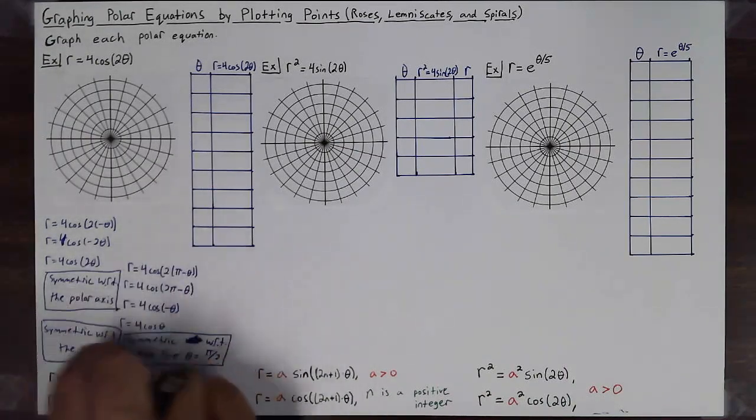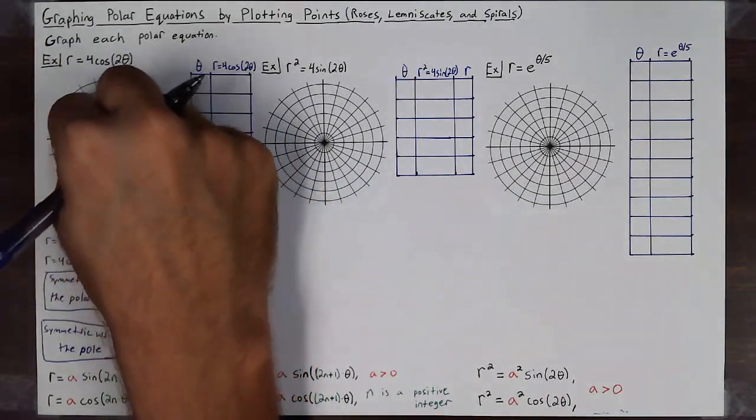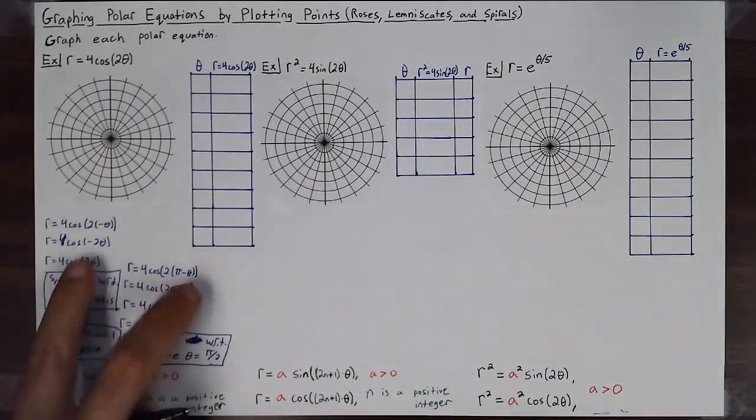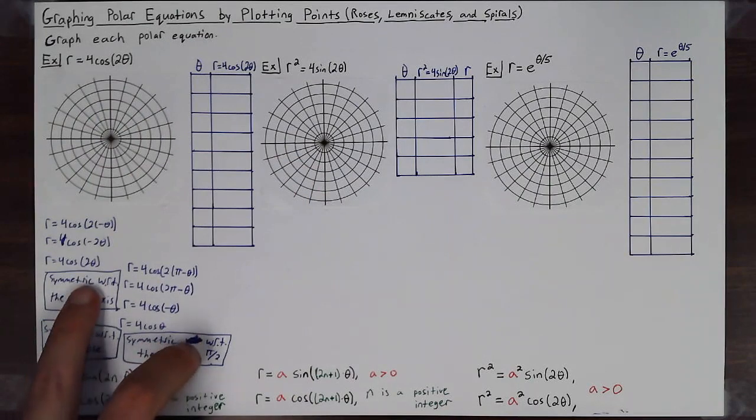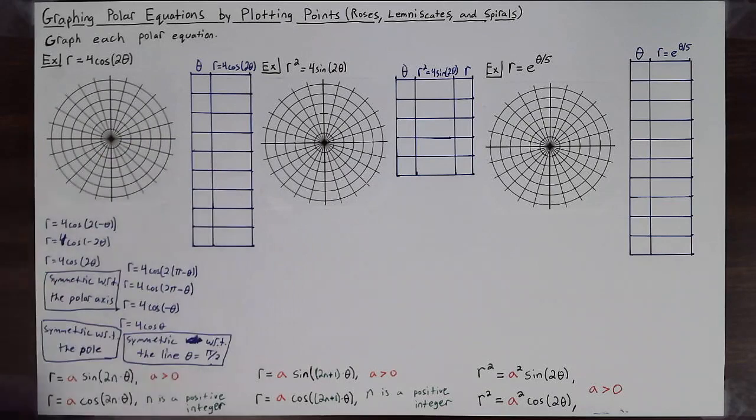Now, you really only need coordinates from 0 to pi so I can reflect everything properly. And since I also know it's symmetric about these two, I can also just reflect across to get those points, and so on and so forth.